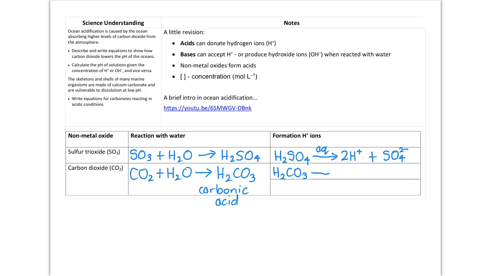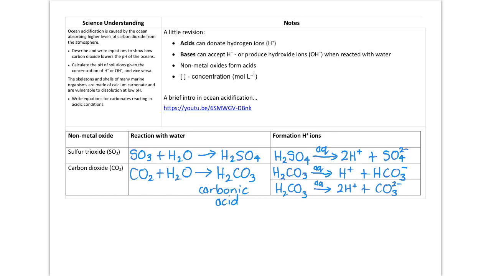So the carbonic acid, when it goes in water, can just donate 1 hydrogen and 1 sticks with the carbonate ion, and that is what we call the hydrogen carbonate or the bicarbonate ion. Or potentially it can also donate both of its hydrogens, and in that case it forms the two hydrogen ions and a carbonate ion.